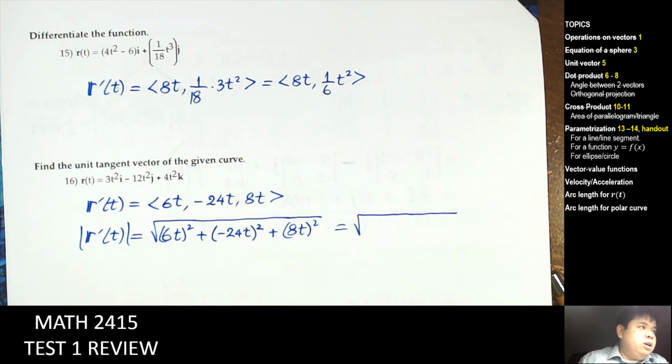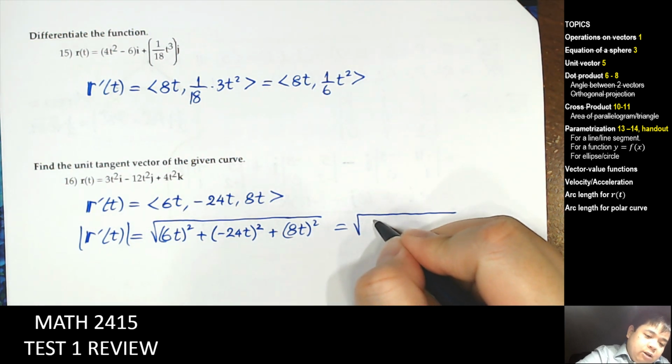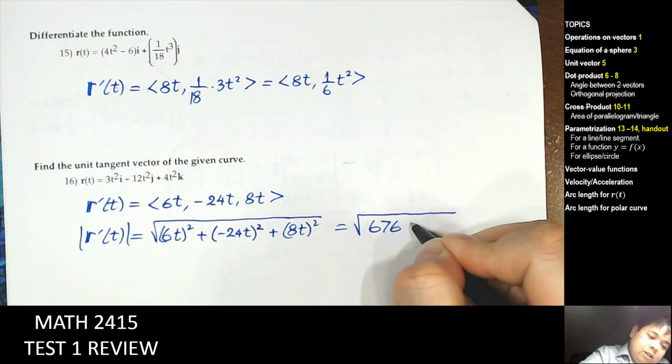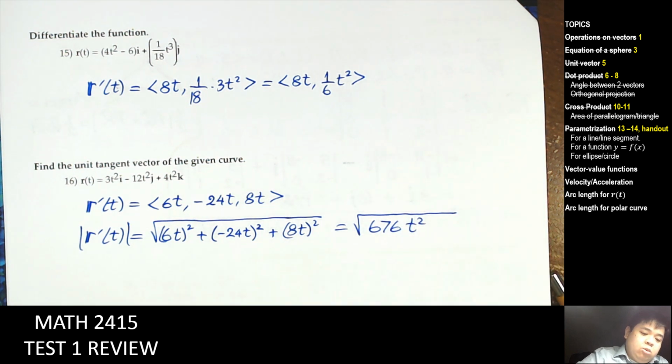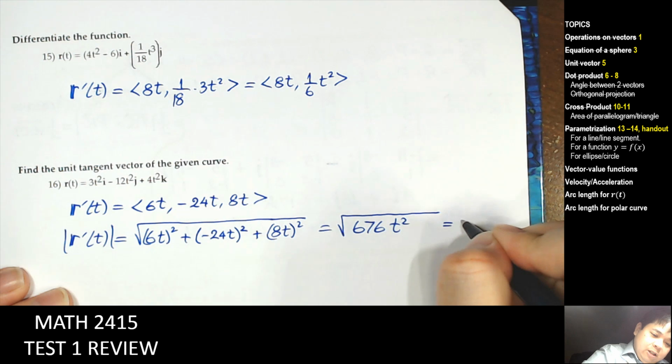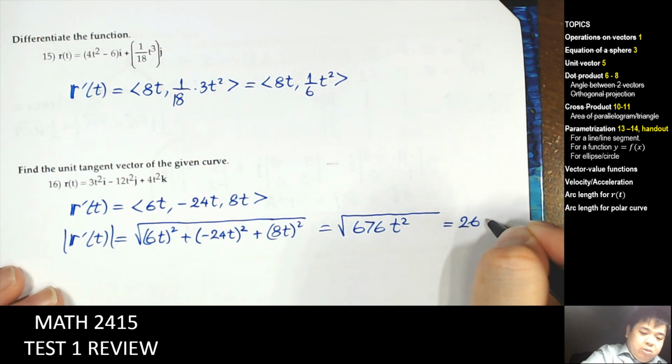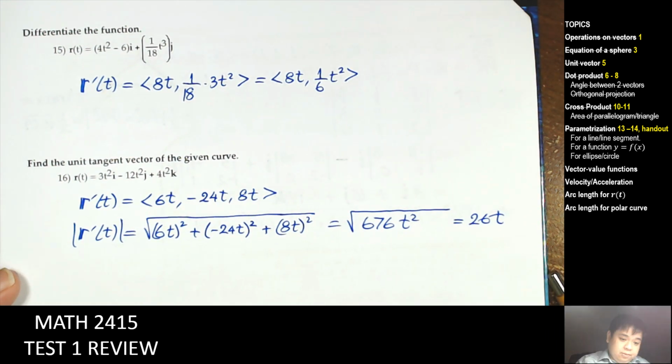6 squared, 24 squared, and 8 squared give 676 t squared, and the square root of that is 26. Absolute value of t, but I just say t.